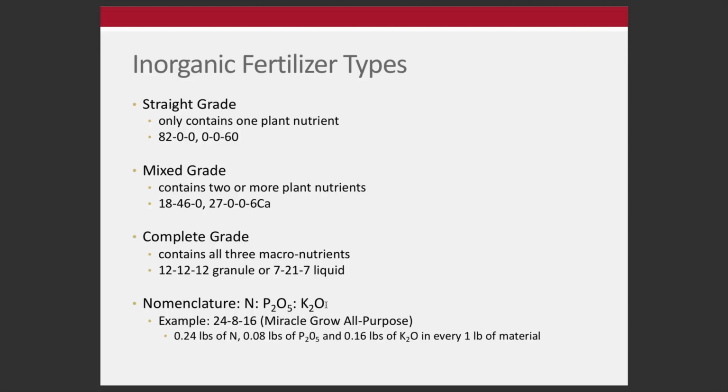So it's a little bit different, and it's not straight elemental P, it's 2 P's and 5 oxygens. From an elemental perspective, it's diluted down with these 5 oxygens. It's just the standard, and it might not make perfect sense, but it's what's been used for a long, long time.